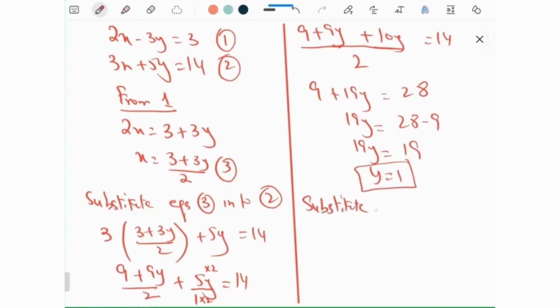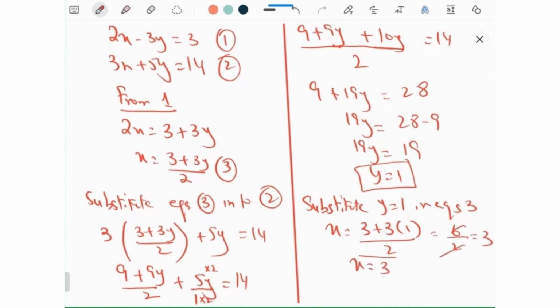Substitute y is equal to 1 in equation 3. Three comma 1 is the answer.